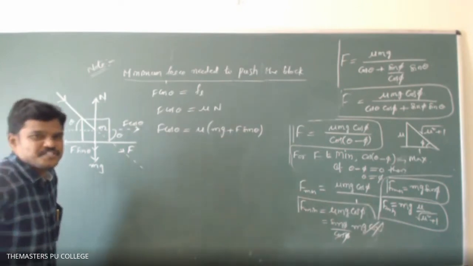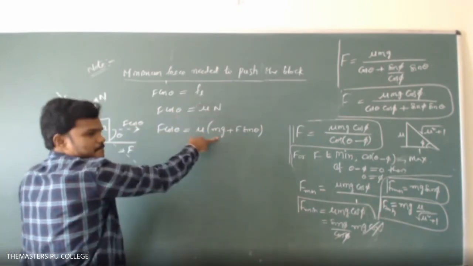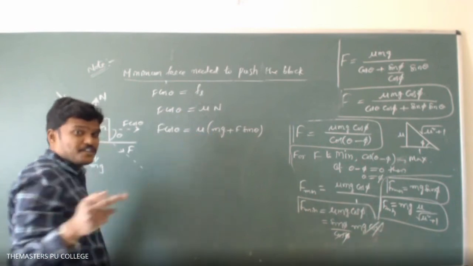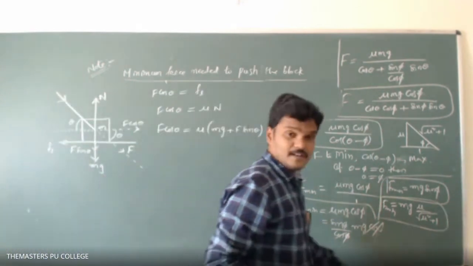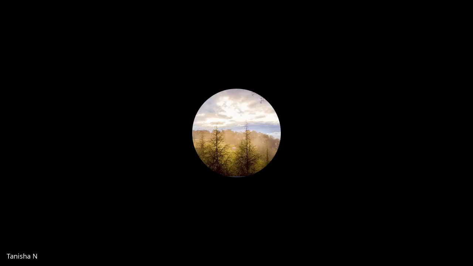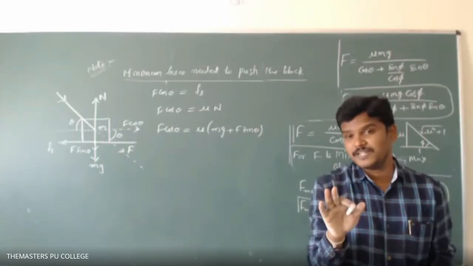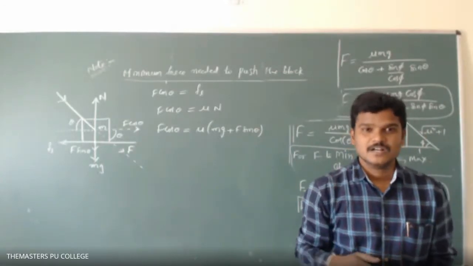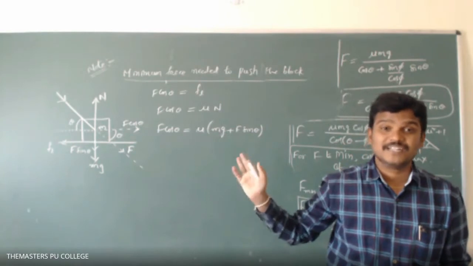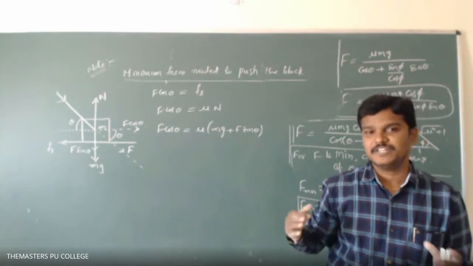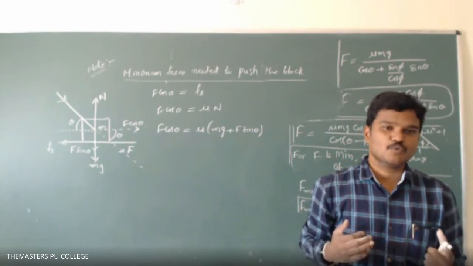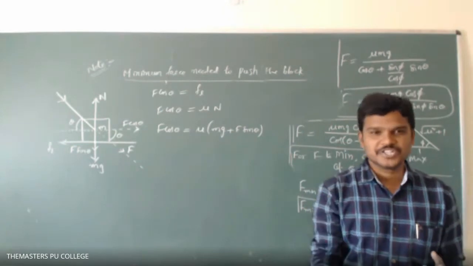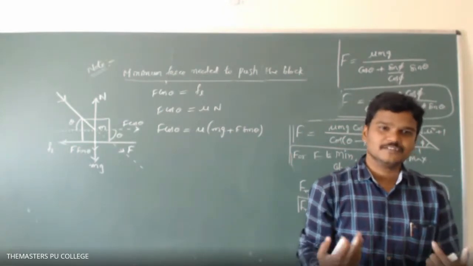Observe the frictional force here. What is the frictional force here? Positive, I am getting. What was it in the previous case? Negative: mg minus F sin theta I got in the previous case, and now I got mg plus F sin theta. So in which case is the frictional force more, pushing or pulling?